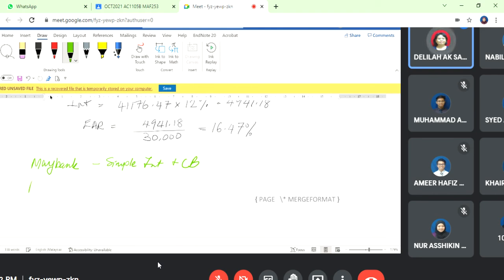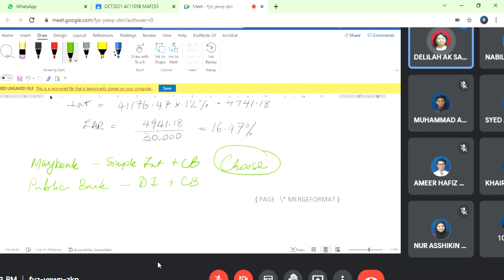And then they say there's another bank also that wants to lend you money, Public Bank for example, but Public Bank let's say gives you discount interest and also has some compensating balance requirement. So when you have a situation like this, which one do you choose?